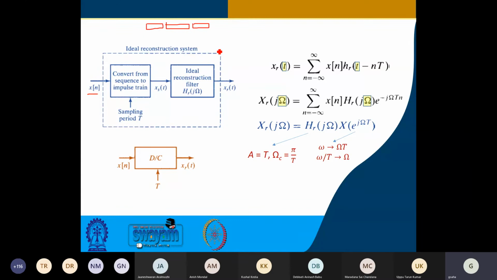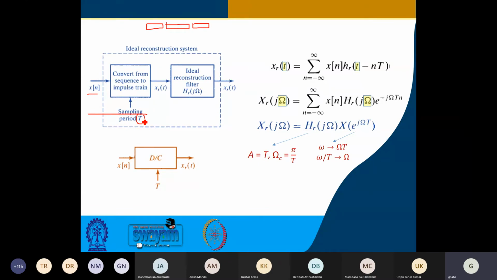Now for reconstruction, which will be similar to your xc(t), we shall be using the same sampling time, sampler, capital T. Otherwise, a different signal will come if you use a different T, which is also something you can think of later. We shall discuss.